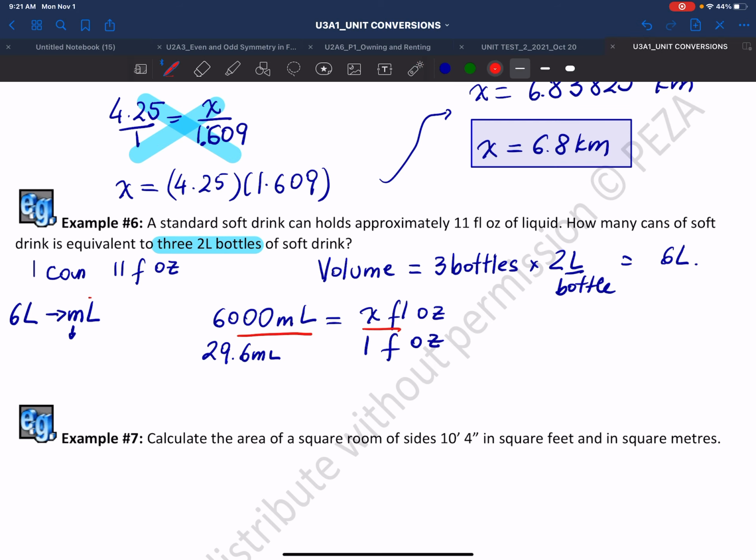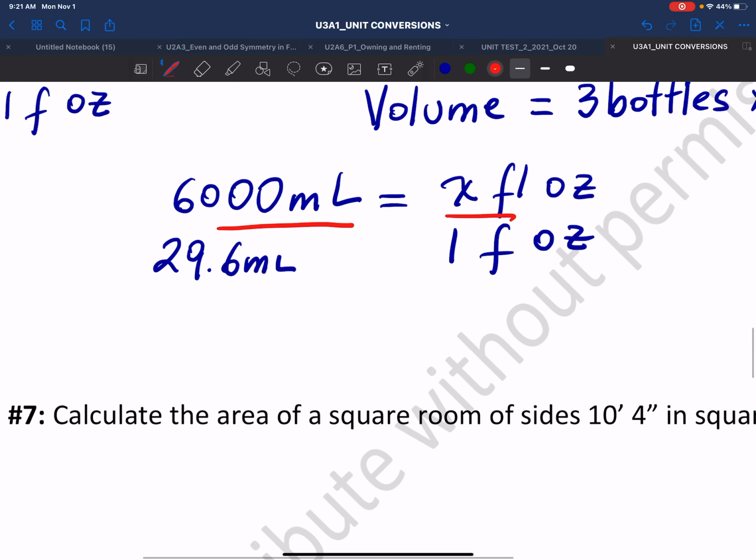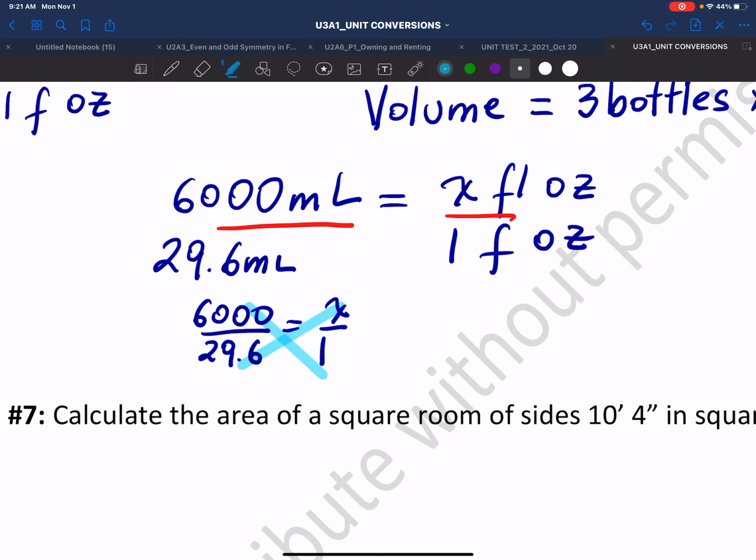So now we have an agreement between the unit measurements, and we have a conversion of milliliters to fluid ounces. Let's create the equation. So we have 6,000 divided by 29.6 equals x over 1. Cross multiply. Let's do it this way.